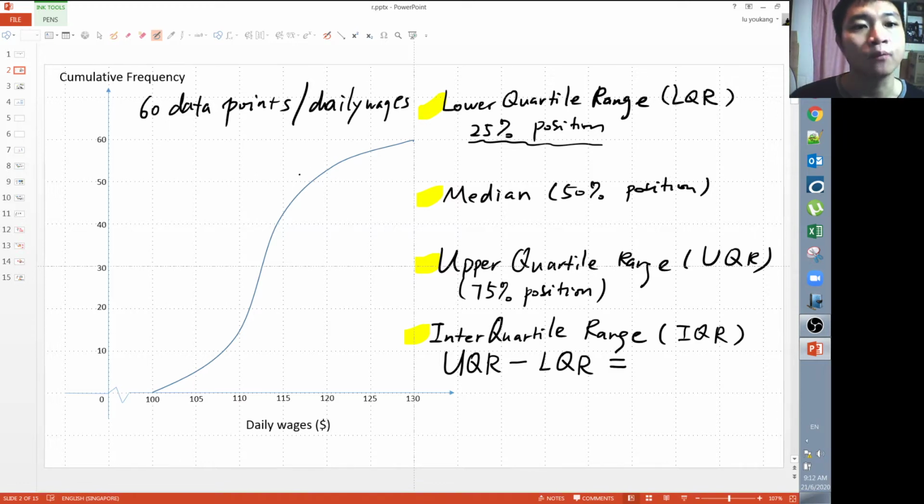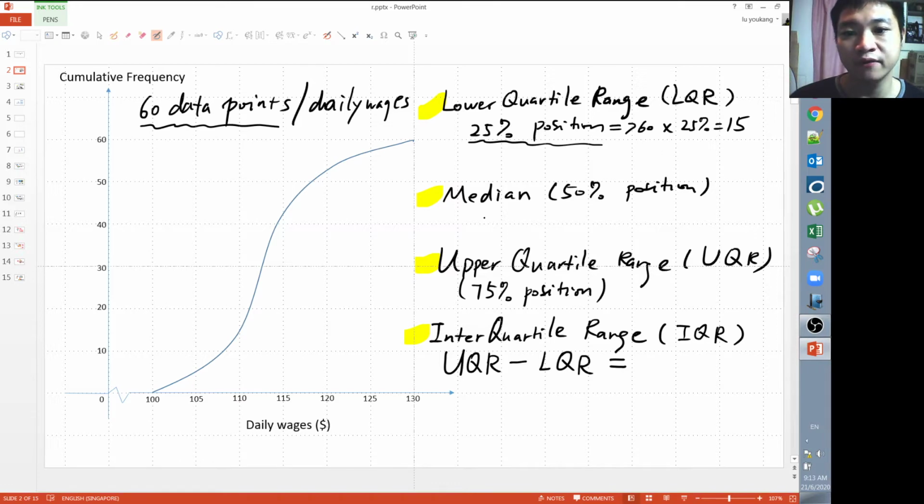With this understanding, you need to find out what the 25% precision is. Since you have 60 data points, the 25% precision is 60 times 25%. What do you get? 15.